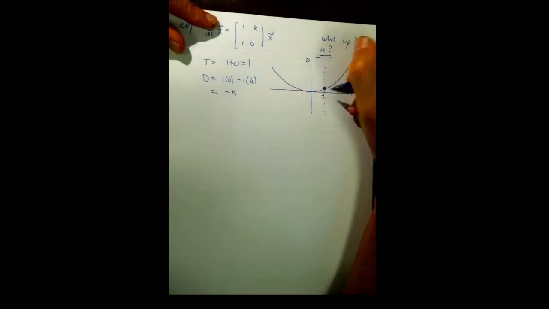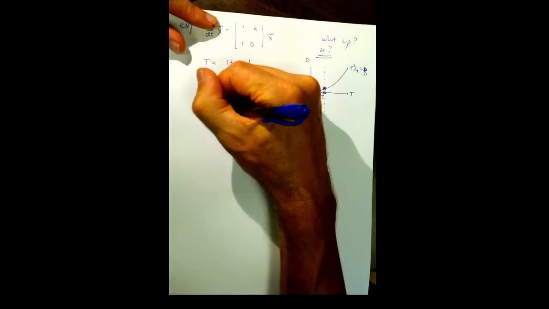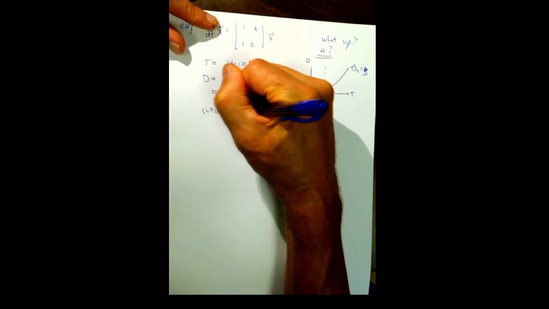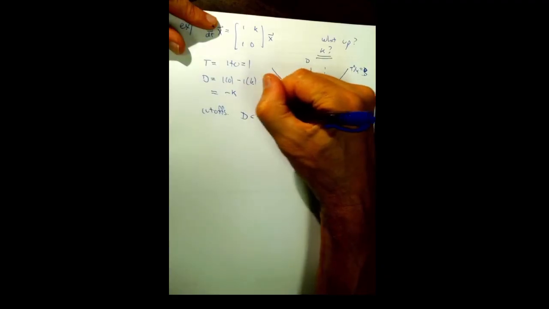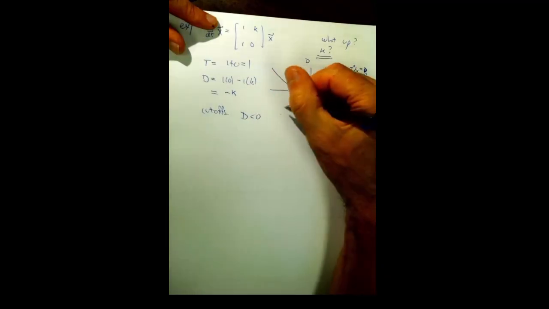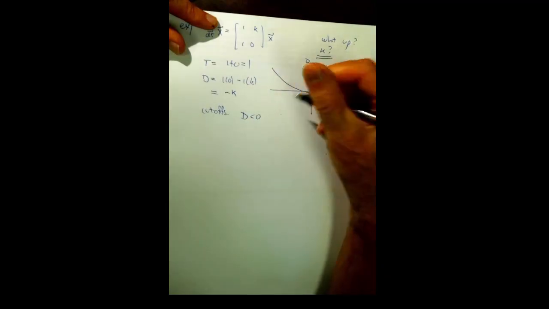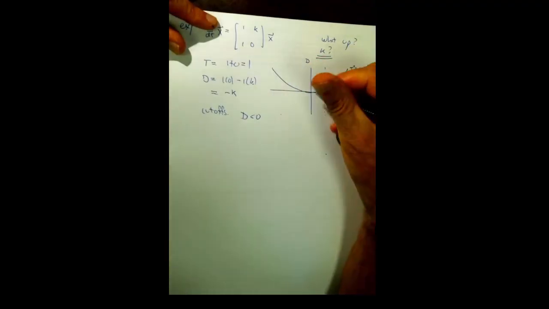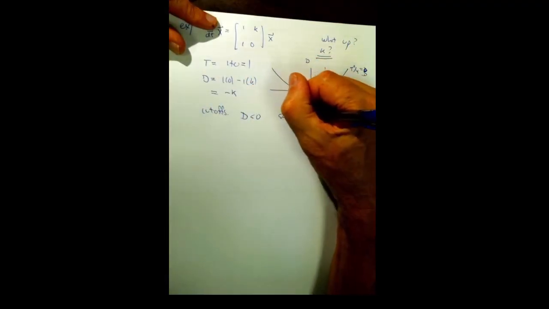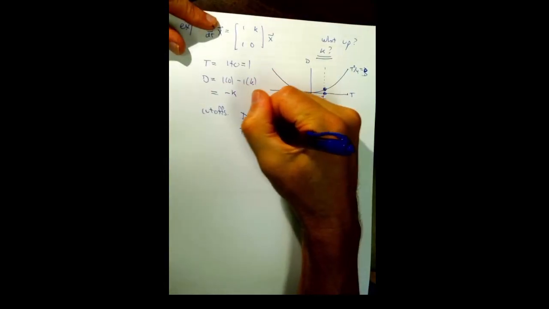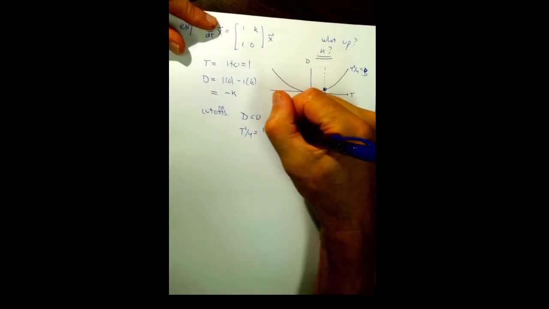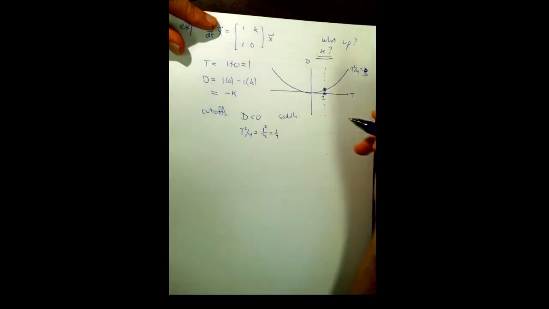So now my question is what are the cutoffs? If d is less than 0, we call this a saddle. In this case, t squared over 4, t is 1, so it's 1/4.